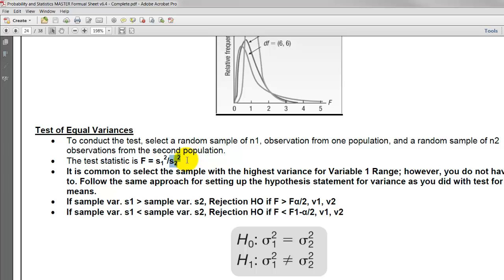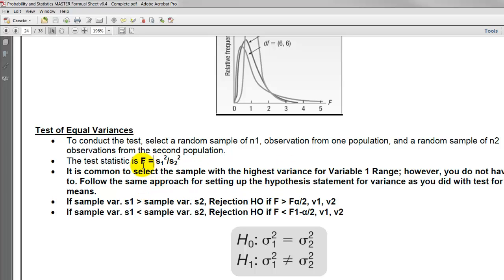So there is a common practice when we're looking at the F stats, and the common practice is to assign variable 1, S1, the sample with the highest variation. Now, we don't have to do that, and sometimes it can cause problems when we have a set way of constructing the null and alternative hypothesis.